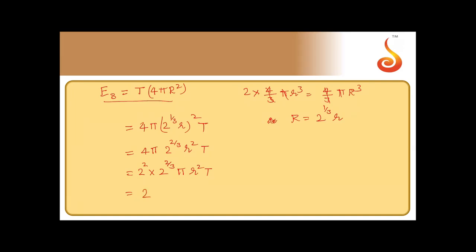Now you can add these two powers: 2 plus 2/3 will be 8/3. So 2^(8/3) πr²T. So that is option D.